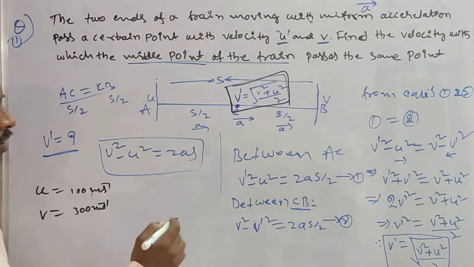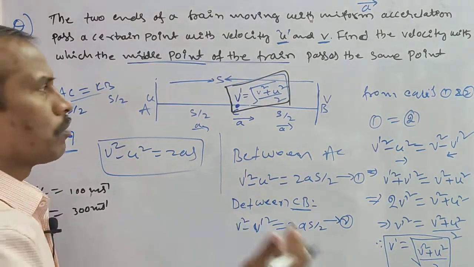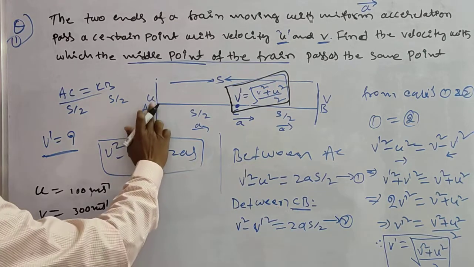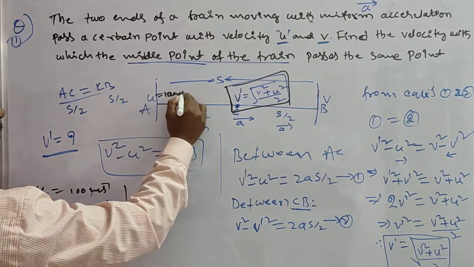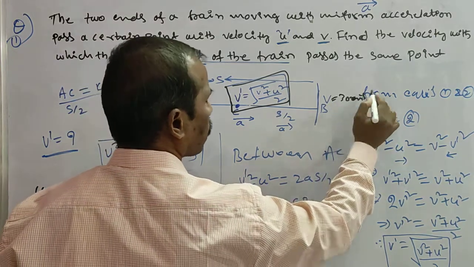Now find out the velocity of the midpoint of the train. So here v prime is the question mark. Substituting these values, at one end 100 meter per second, at the other end 300, just an example, concept oriented.